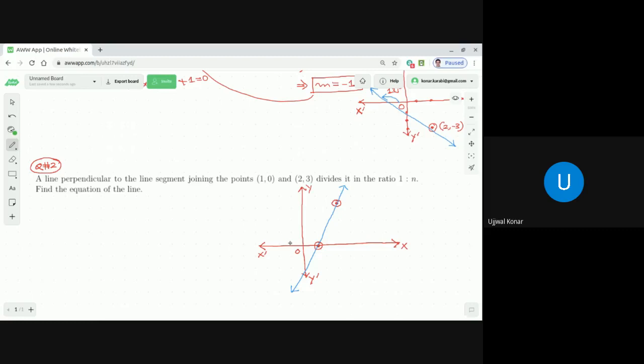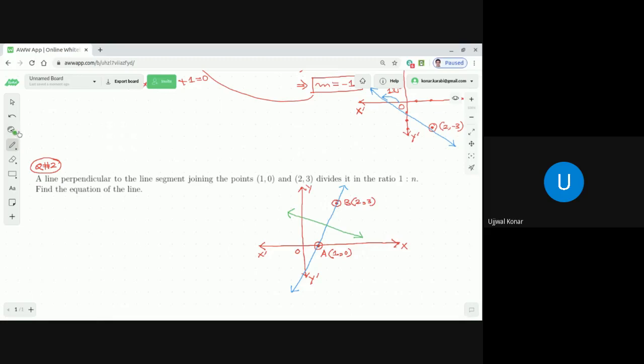If I call this point A having coordinate (1, 0), and this point B having coordinate (2, 3), the line segment joining them is divided in the ratio 1:n. That means the green line is perpendicular to this line segment. So this is our desired straight line.